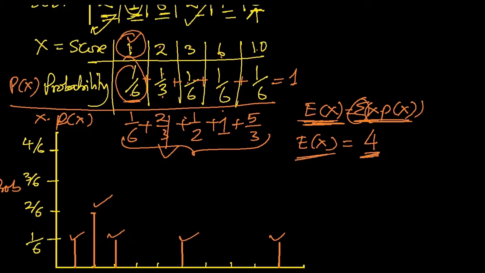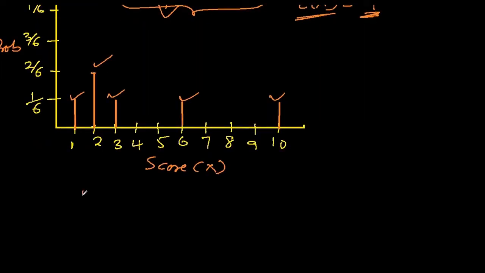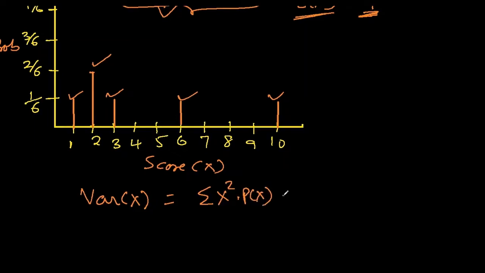This is one of the parameters after we draw the probability distribution table and graph. The second parameter is variance. It's called variance of x. The formula for variance is sigma x square times px minus the square of the mean expected value we got earlier.